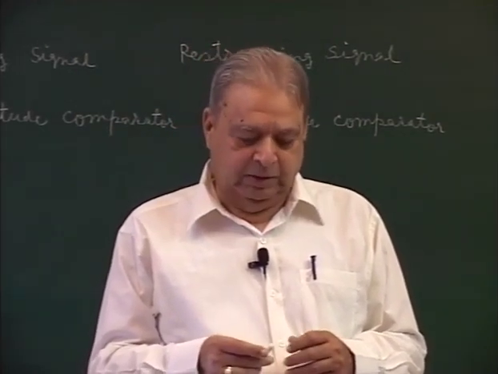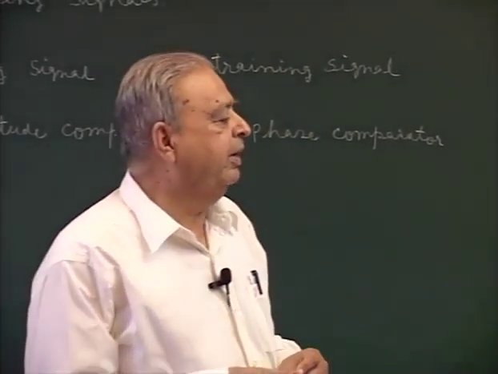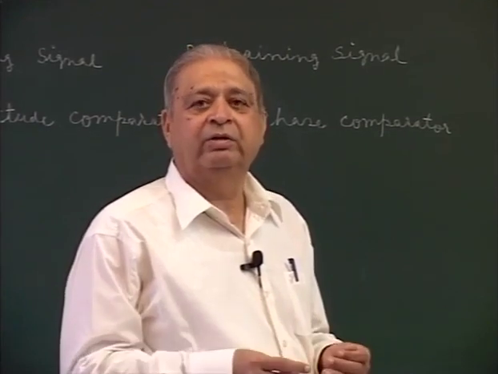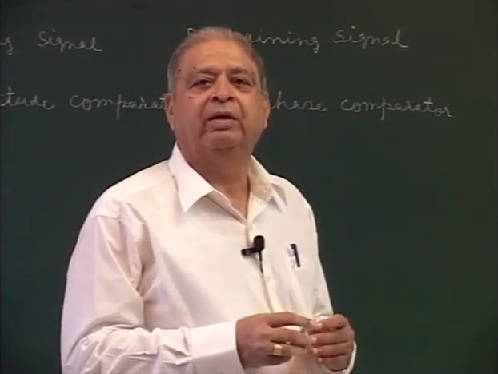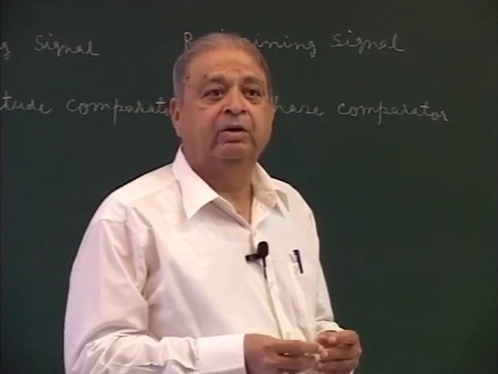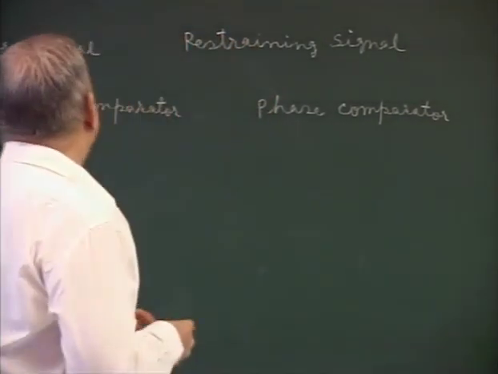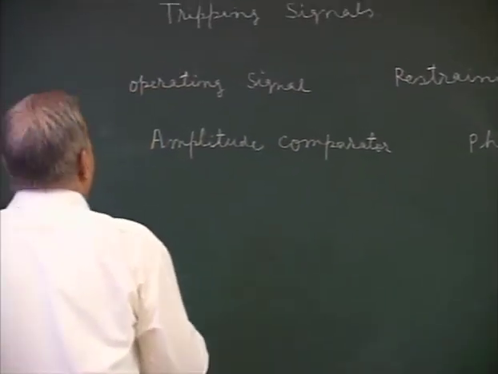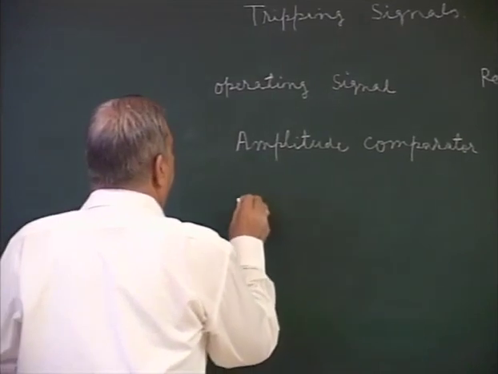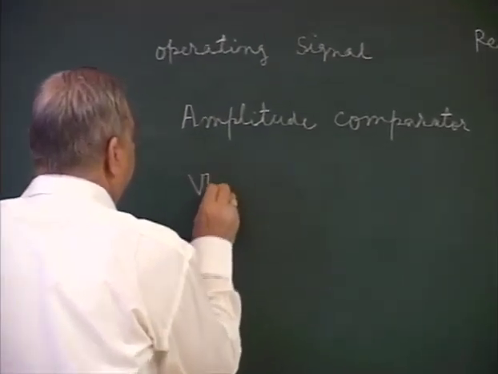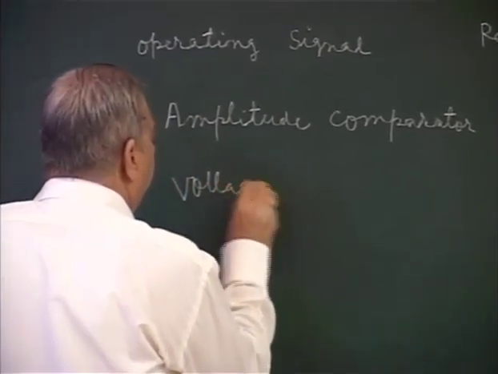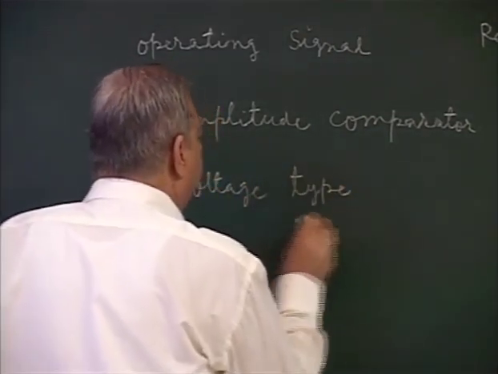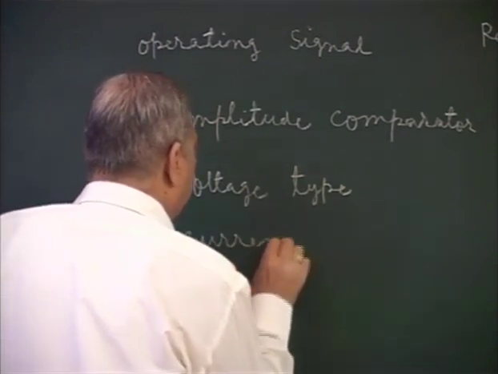Now the operating and restraining signals both can be either voltages or both can be currents. So again, there are two ways the operating and restraining signal can be voltage type or it can be current type.